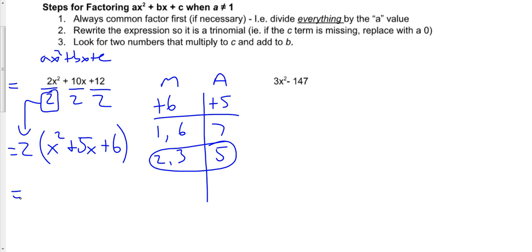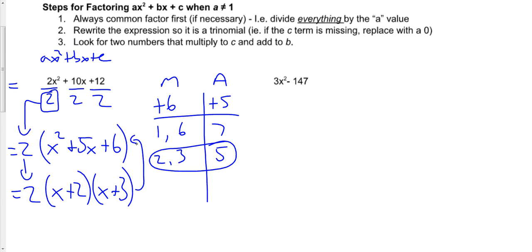Again, this 2 stays with me. I don't lose that. And then I've got x plus 2, x plus 3. Again, these lines are all equivalent. So this bottom line equals the line up top, which is also equal to the original line that we had. Okay, so just be aware that that's how it's going to work.